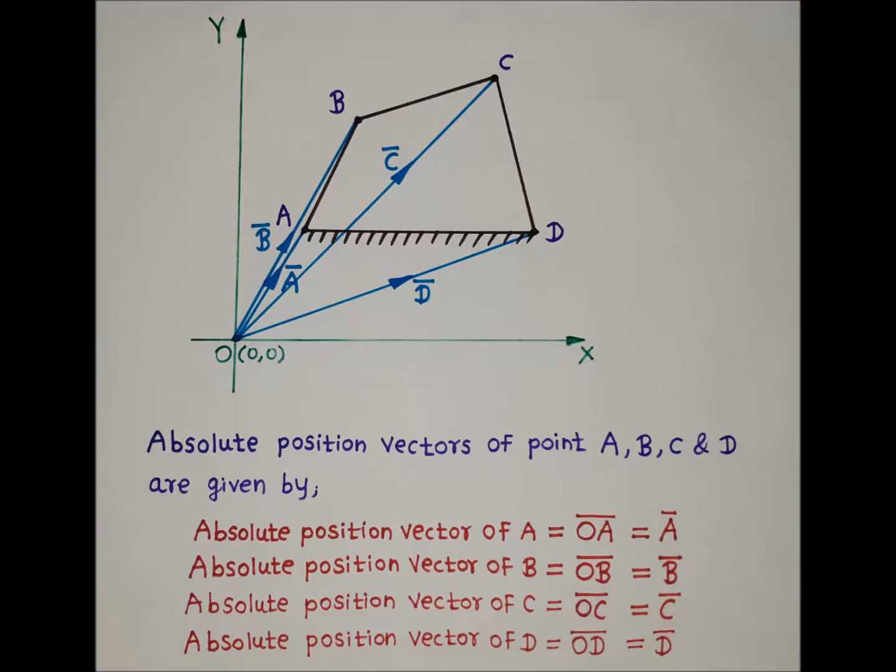It will represent the absolute position vector for point D. So it will be OD bar. We can even say it is just D bar. So in this manner, on screen we have located absolute position vectors for points A, B, C and D.